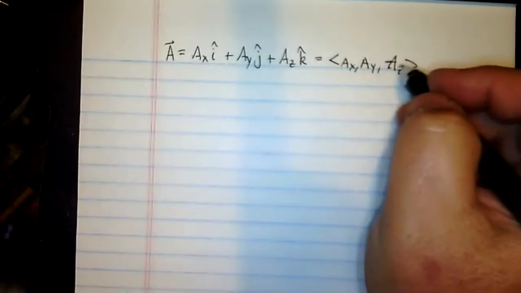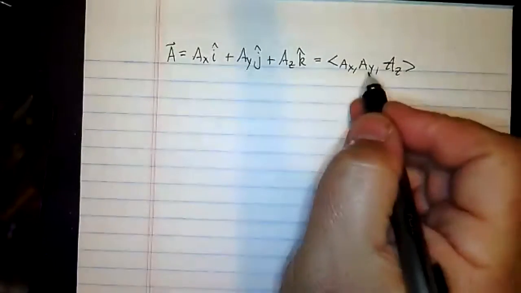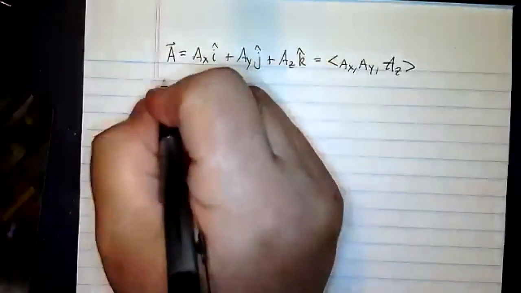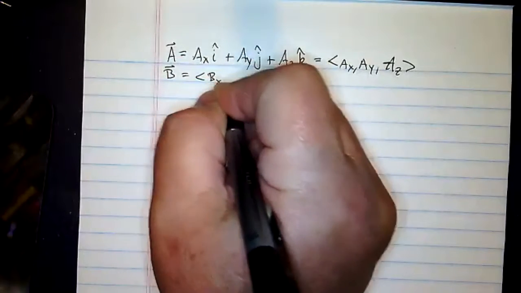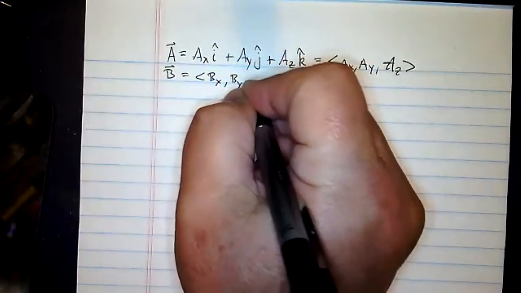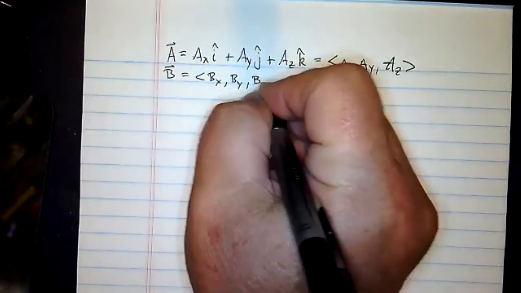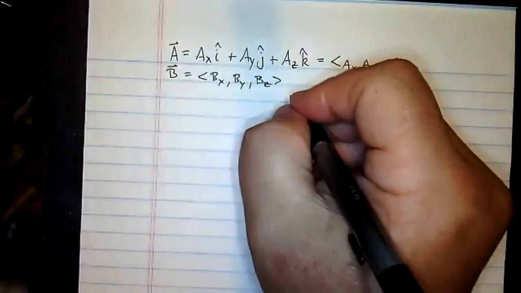When you put it in that notation, most people recognize that as a vector, and they recognize the first one as the X component, the second Y component, third Z component. Similarly, I will define B as BX, BY, BZ, and the dot product actually has a couple different ways of calculating it.